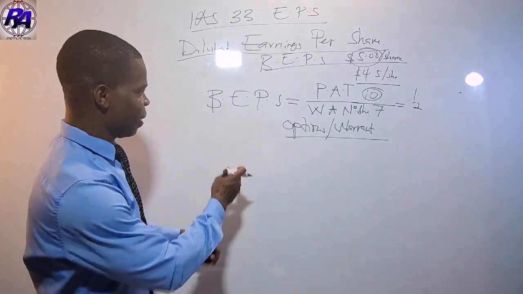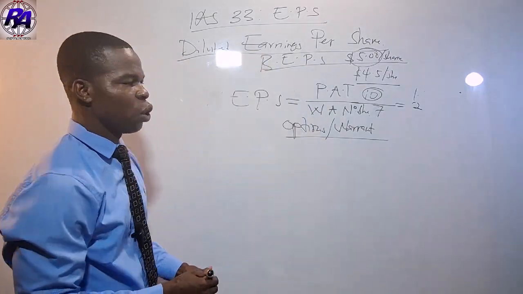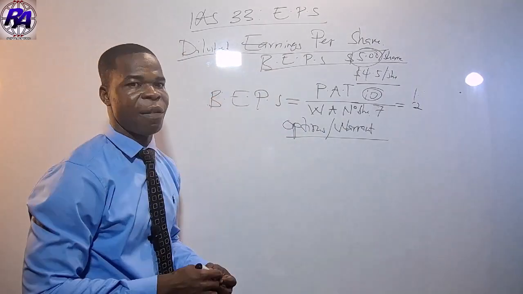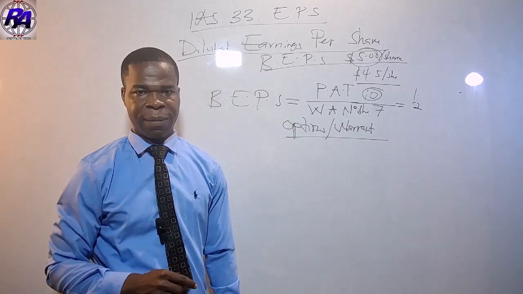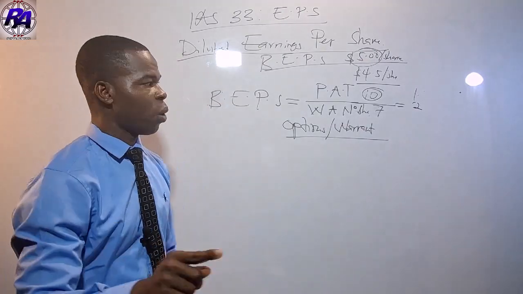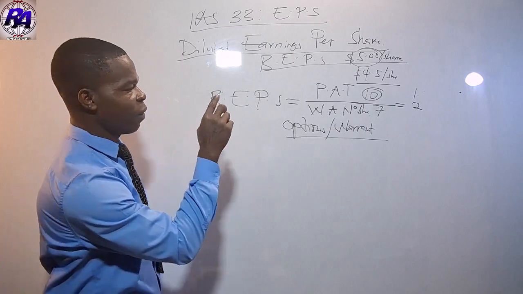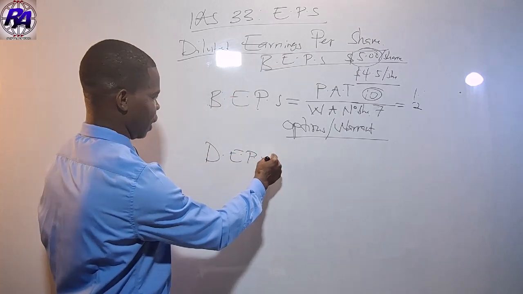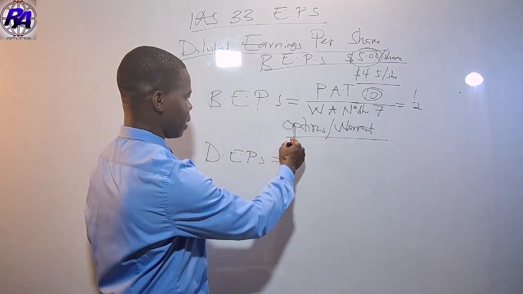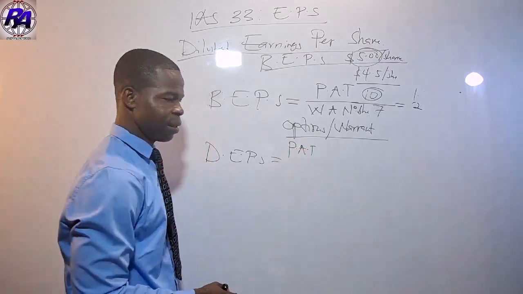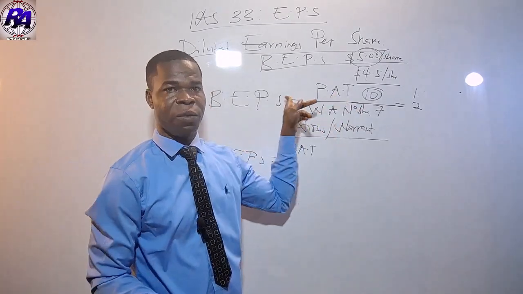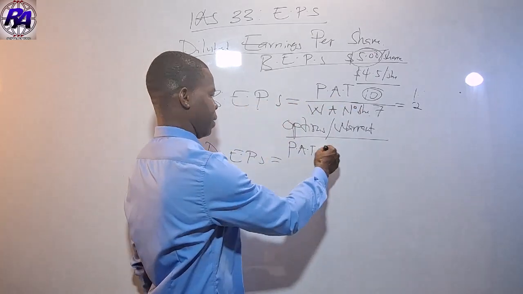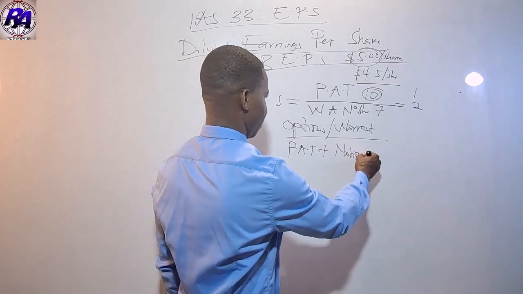For you to compute your diluted earnings per share, first you must compute your basic earnings per share, which we have looked at in the previous lessons. After you have computed your basic earnings per share, you can now compute your diluted earnings per share. Diluted earnings per share is our profit after tax, which by now you would have adjusted, because you use it for the computation of your basic earnings per share, plus notional interest.